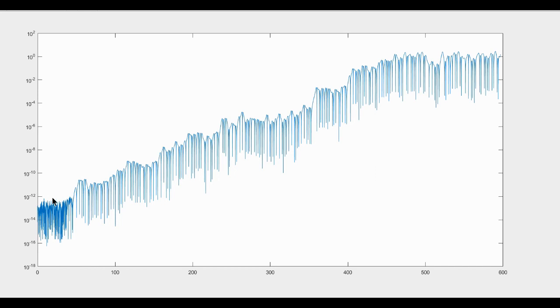So below that it is noise, but now over here the integration we can think of as accurate, and you can see that there is on average a linear growth on a log scale, which means on average there is an exponential separation between nearby trajectories until the separation becomes comparable to the size of the solution itself.